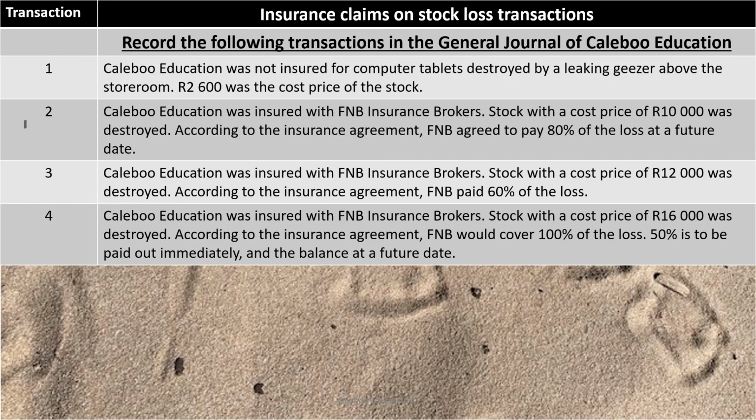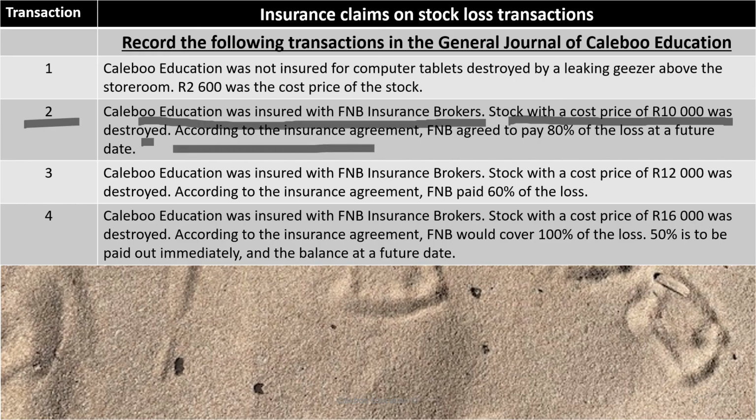Now we're going to look at number two. Calibu Education was insured with FNB insurance brokers. Stock with a cost price of 10,000 was destroyed. According to the insurance agreement, FNB agreed to pay 80% of the loss at a future date. So now we're covered for 80%.